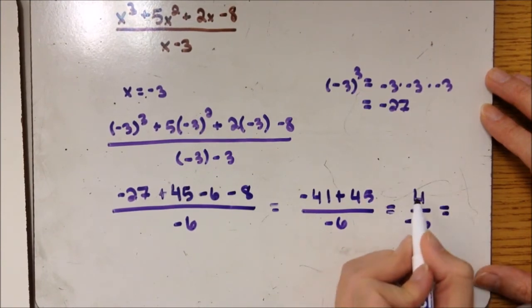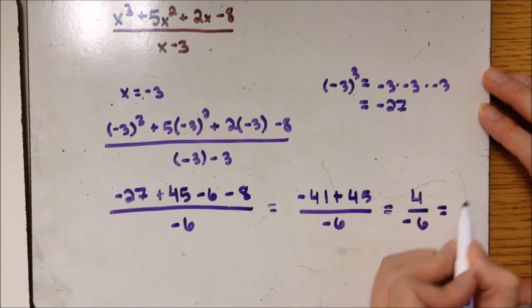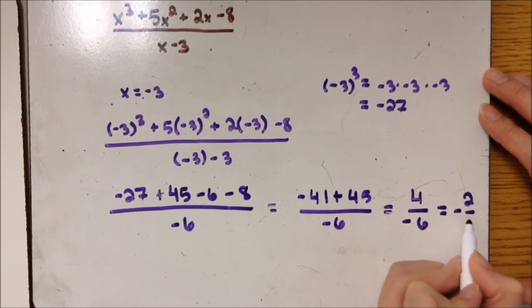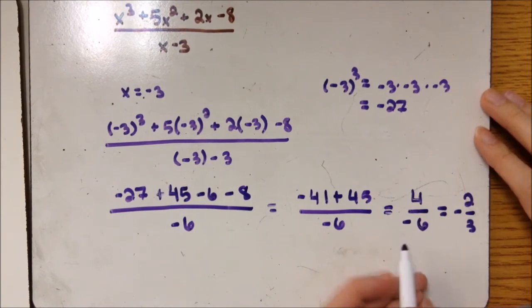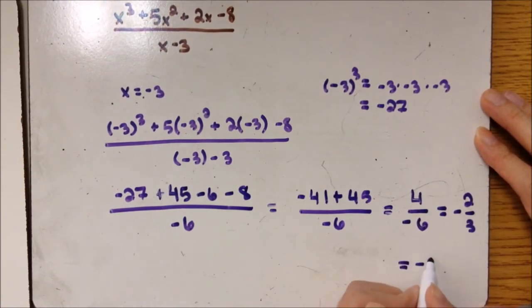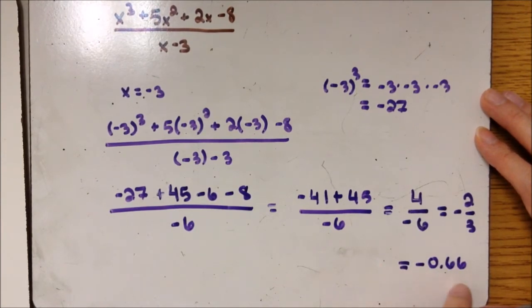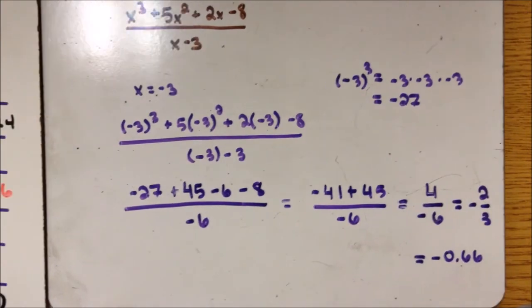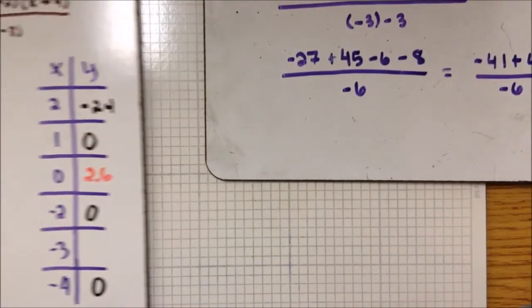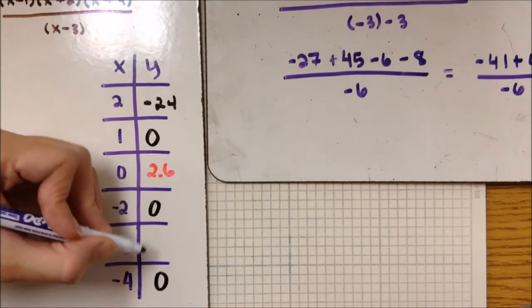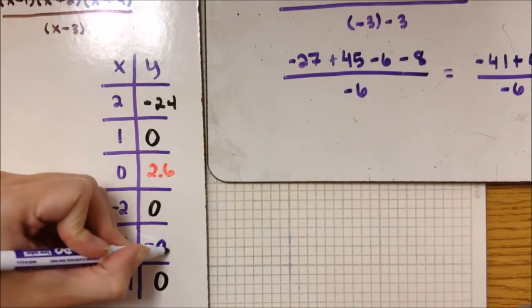And if we simplify, because 4 and negative 6 are both even numbers, it becomes negative 2/3. And we already know that the decimal value of 2/3 is 0.66. So negative 2/3 is negative 0.66. But we're just going to use negative 0.6. So we plug in negative 3, and our y value is negative 0.6.